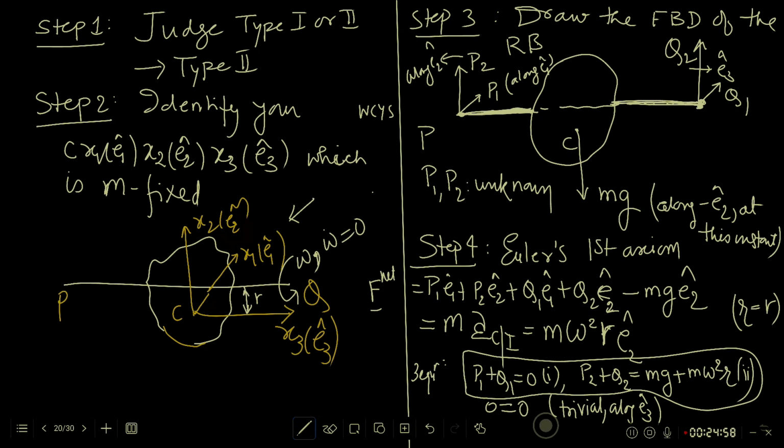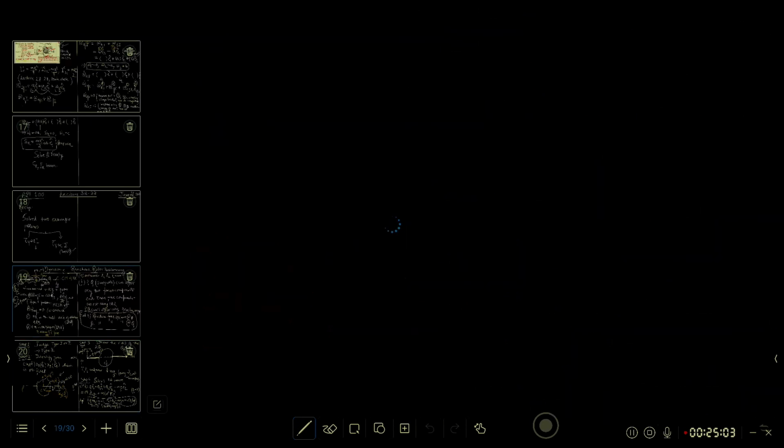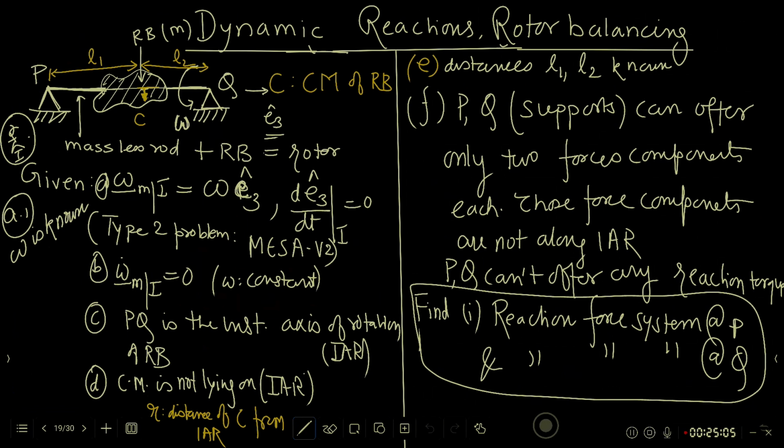Also, I am going to use some lengths to express those moments. This L1 will appear, this L2 will appear, and this R, the offset of center of mass from the IAR, that will also matter.